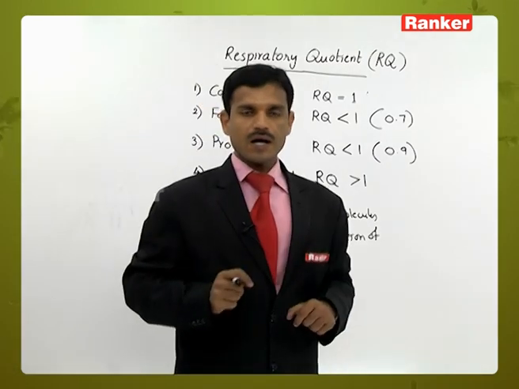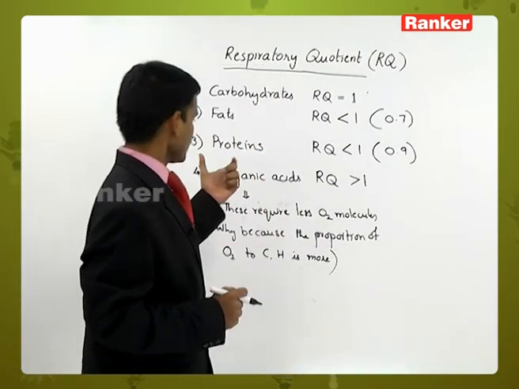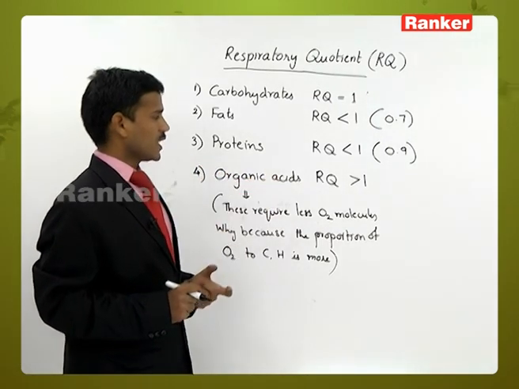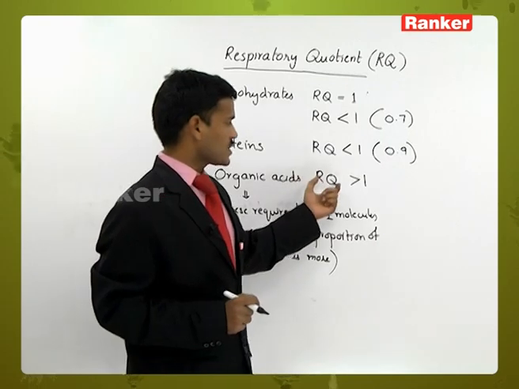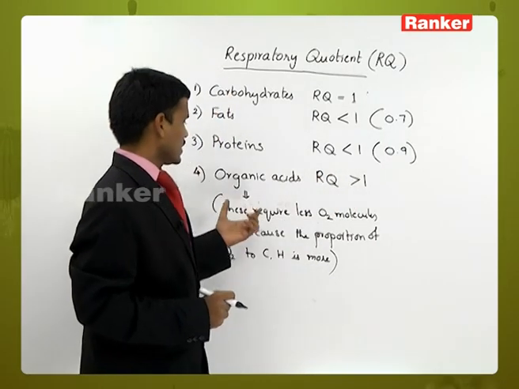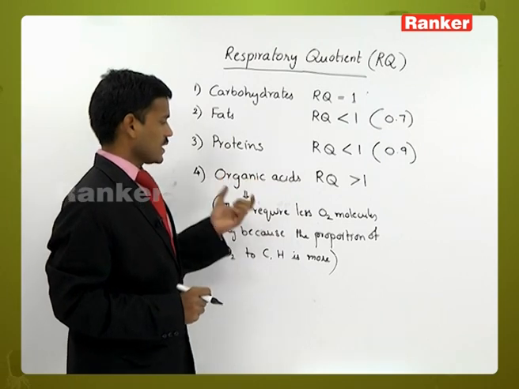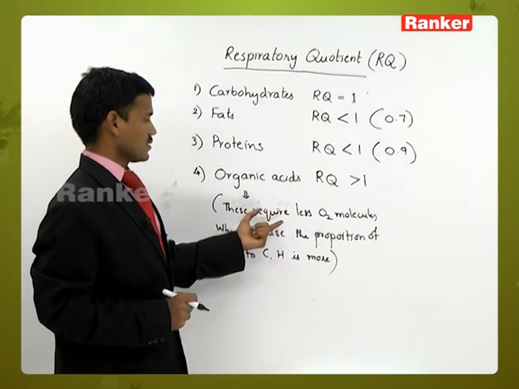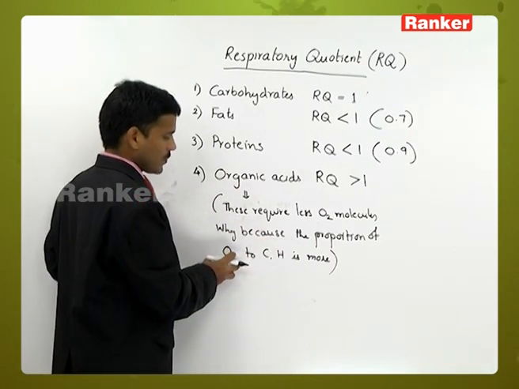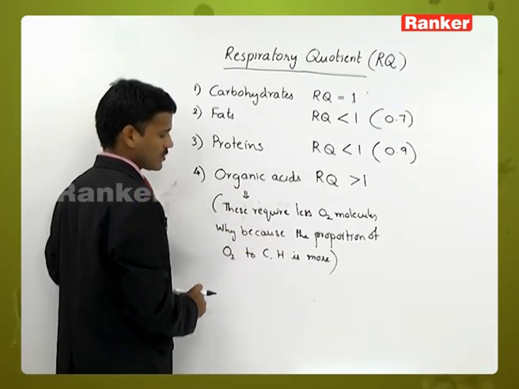So I am repeating, organic acids. If organic acids are participating in aerobic respiration, the RQ values are greater than 1. Why? Because organic acids structurally contain more oxygen compared to carbon and hydrogen.